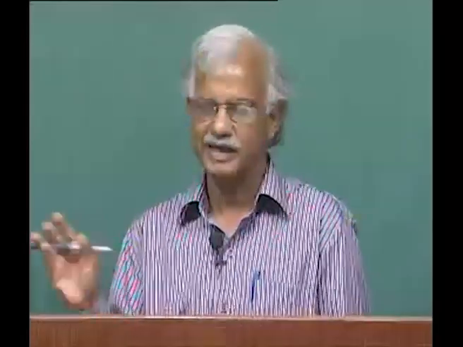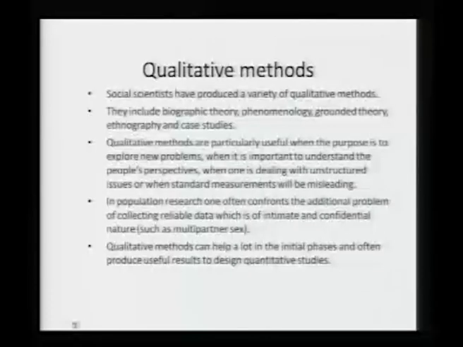Then grounded theory, which means theories developed on the basis of the study of reality only, without any biases, without any hypothesis or any theoretical prejudice or theoretical guidance or direction. Then ethnography, a method employed by anthropologists in early days, and case studies.